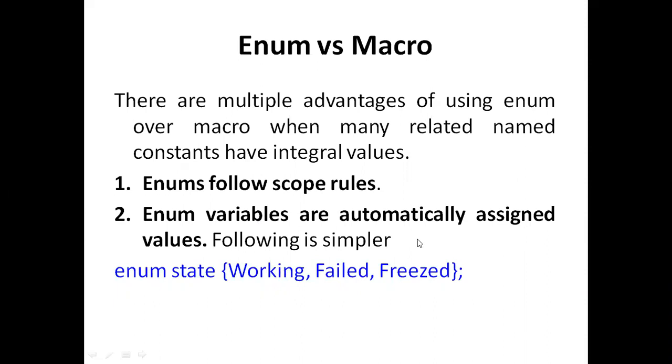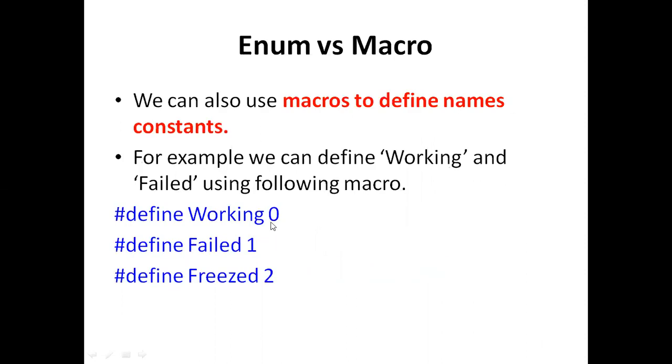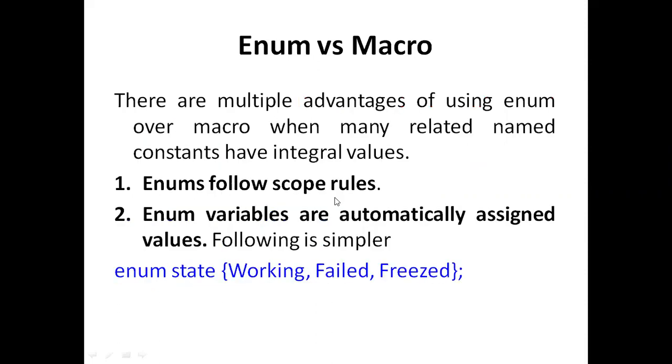And for macros, we need to assign the values mandatorily. If you are not assigning, it is going to take some garbage value. Exam point of view, the important question that arises is the difference between enumeration and macro.